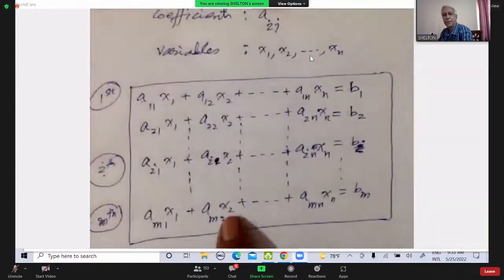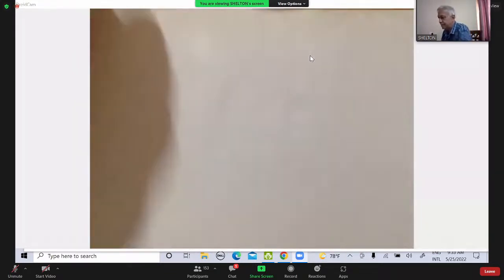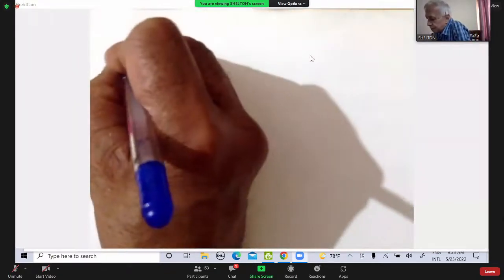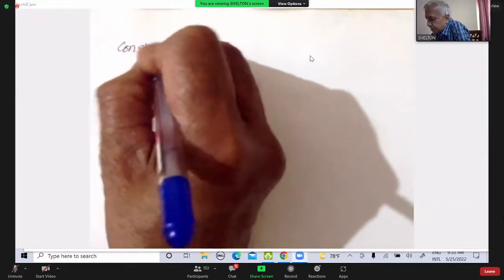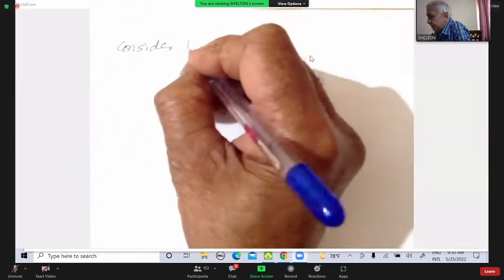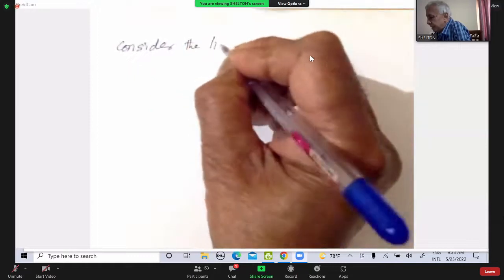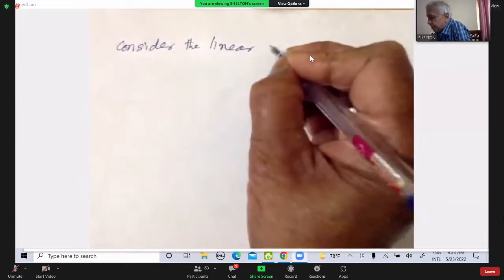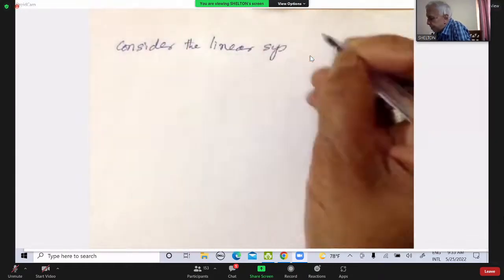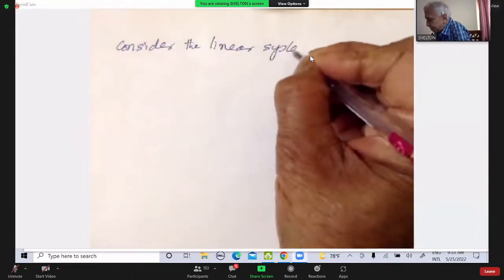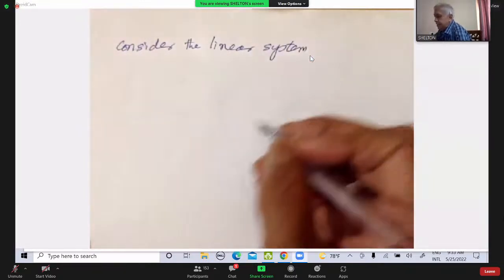What do we mean by a solution of this linear system? It takes time, but consider the linear system, general linear system. Consider the linear system.